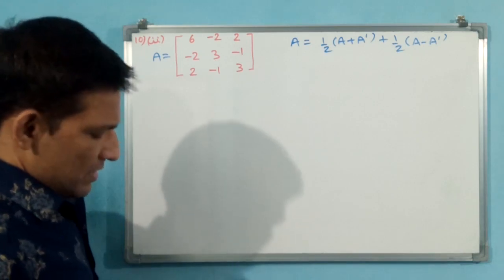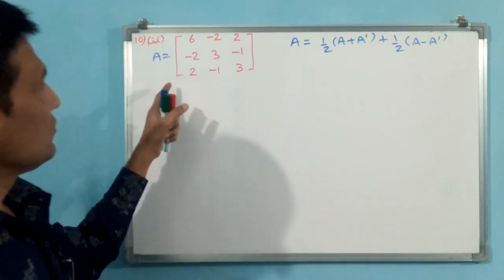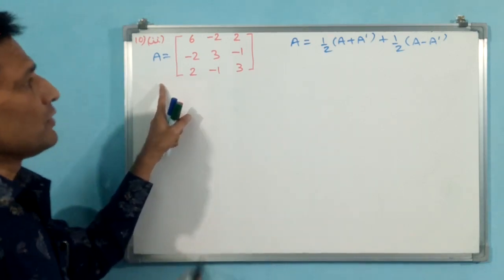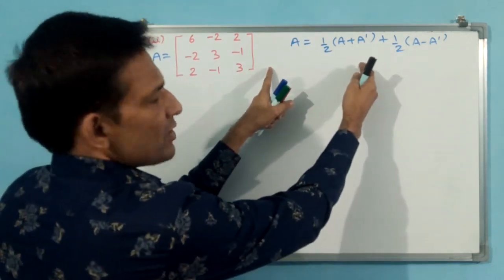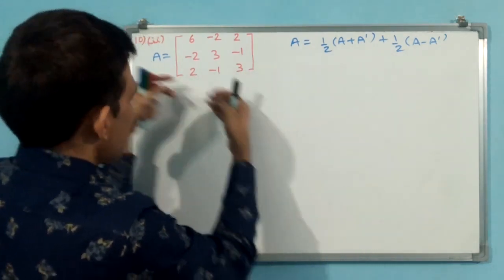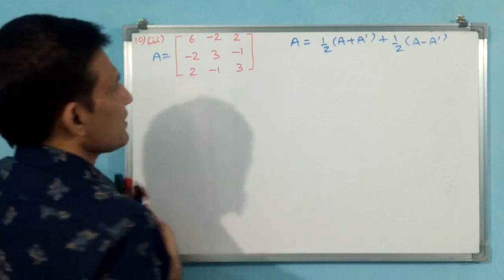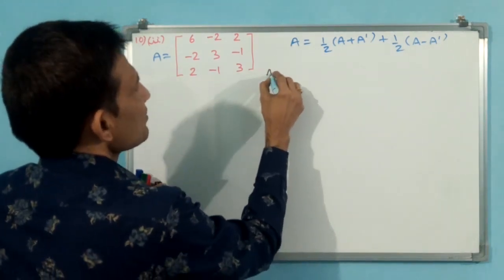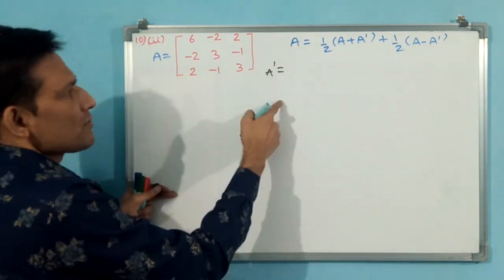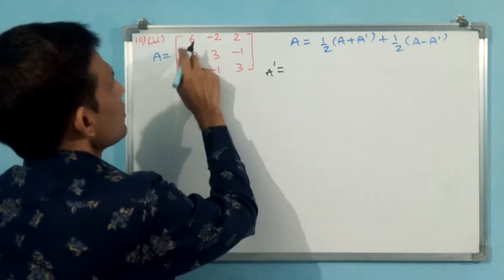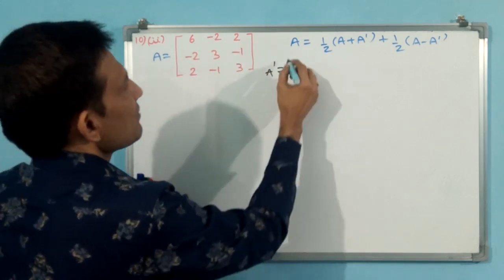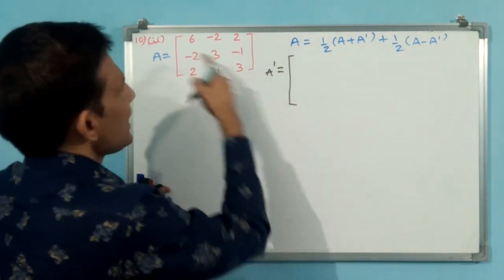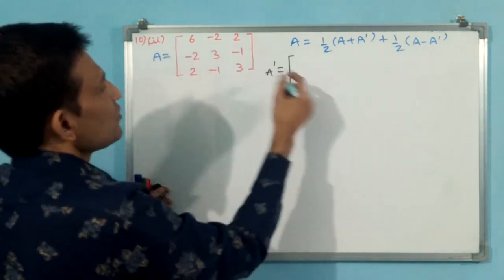Okay, let us take. Now you see, A is there in front of you only. I am doing A transpose here, because left side, right side, I need not write A once again. You see, these rows are going to become columns. So shall I write without any line? 6, minus 2, 2.